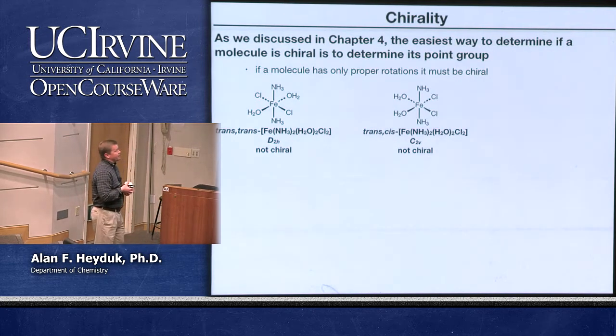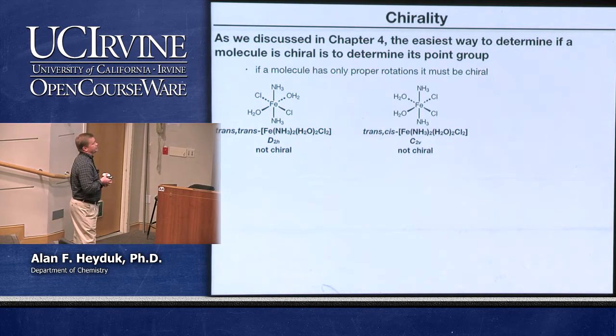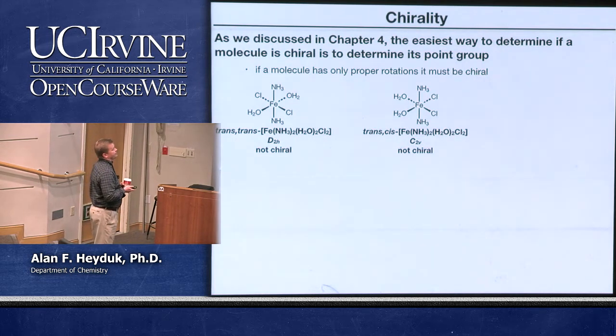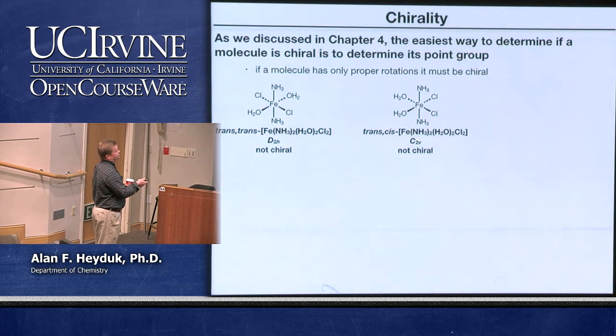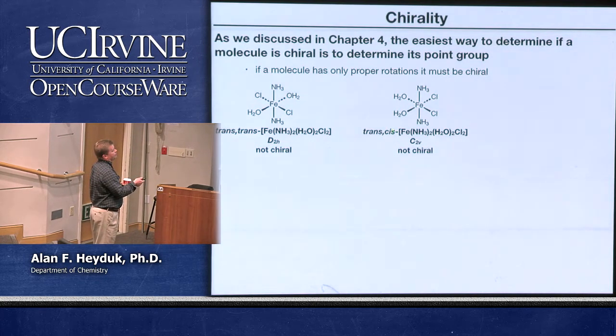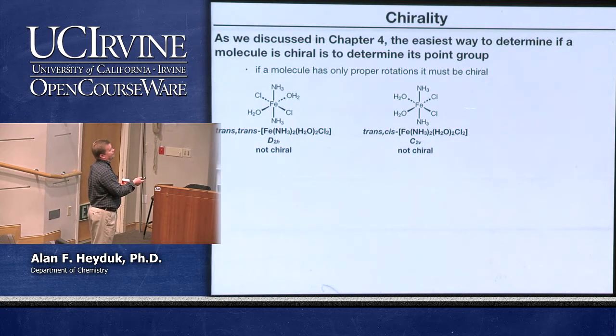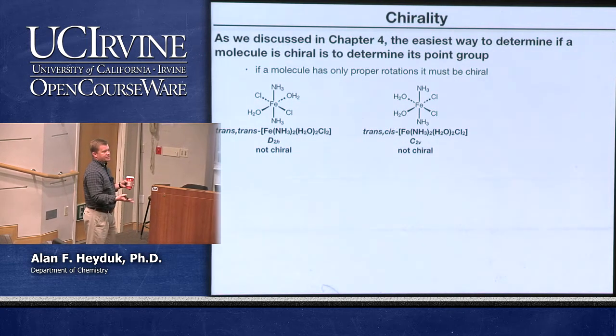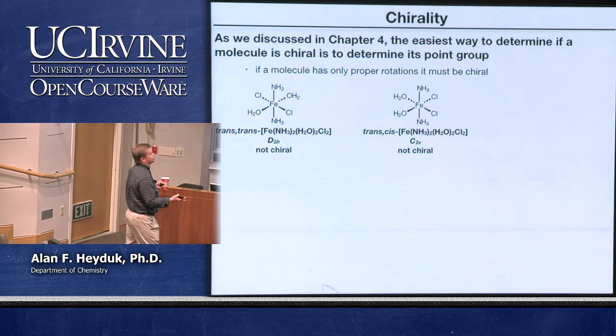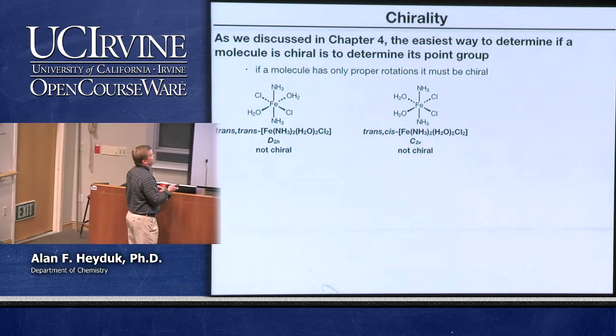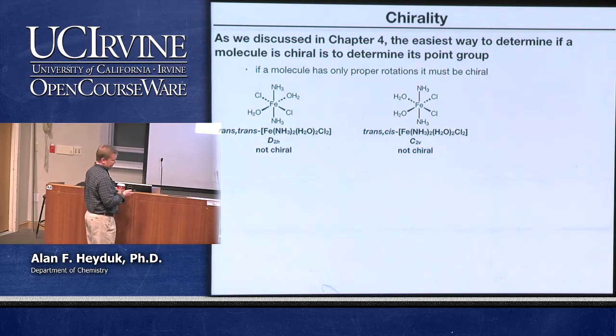We can take the same three pairs of ligands around iron. Now we have the trans-cis. Okay, so again, in this case, it's the trans amine, cis aqua, and by definition, the chlorides must be cis. Okay, because those are the only two spots left. It's a C2v molecule. It's not chiral.